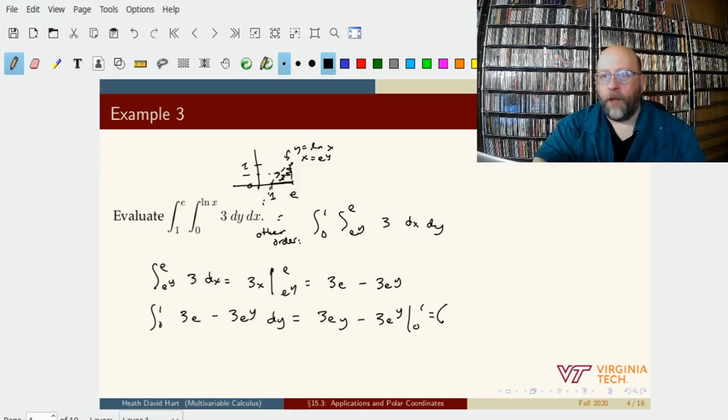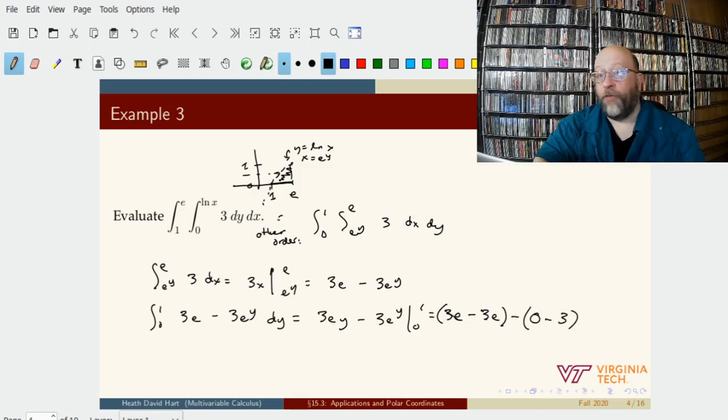When I plug in 1, I get 3e times 1 minus 3e raised to the 1 power. Well, e raised to the 1 power is e, minus, now when I plug in 0, 3e times 0 is 0, but 3e raised to the 0 is 3.